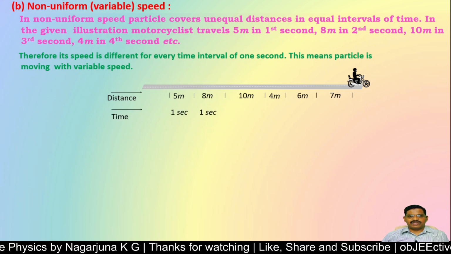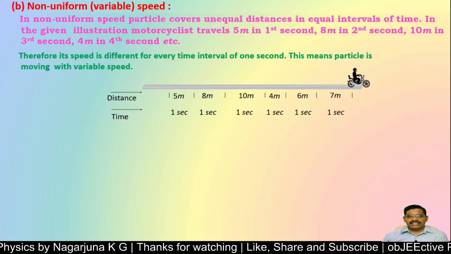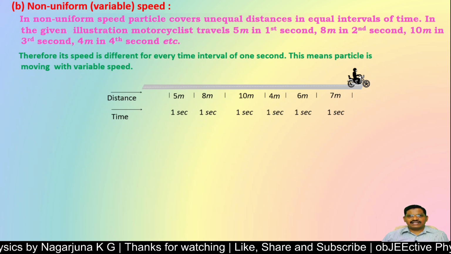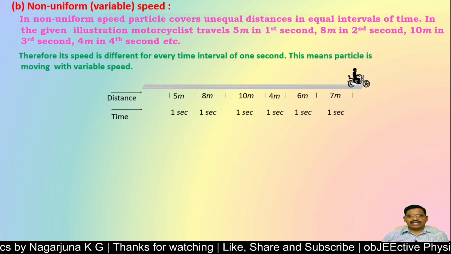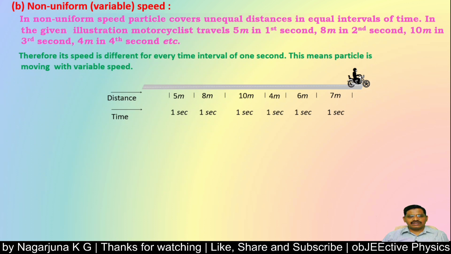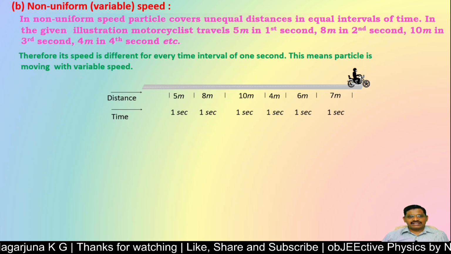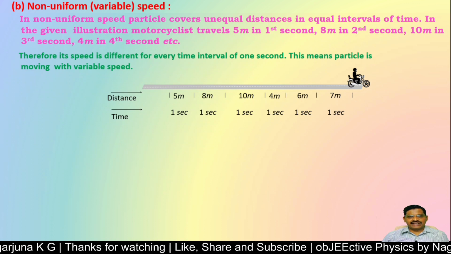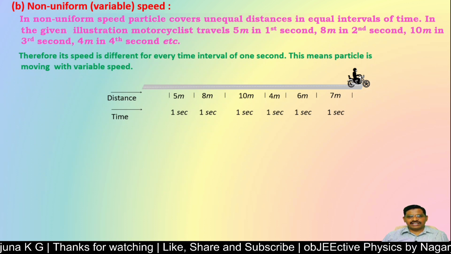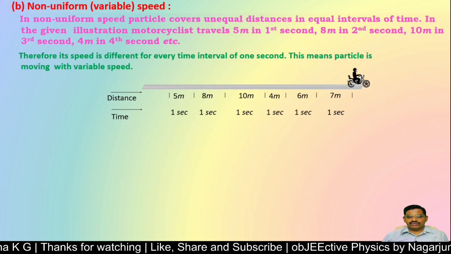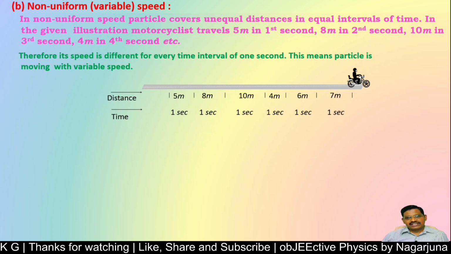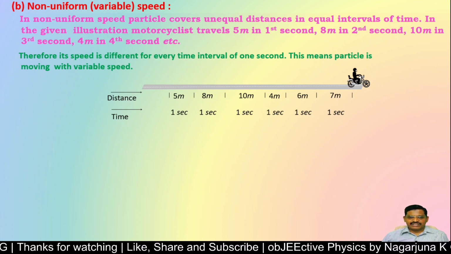Observe the time, 1 second each. So in each and every 1 second, the motorcyclist does not cover equal distances. In the first second he covers 5 meters, in the second 8 meters, in the third second 10 meters, in the fourth second 4 meters, in the fifth second 6 meters, in the sixth second 7 meters.